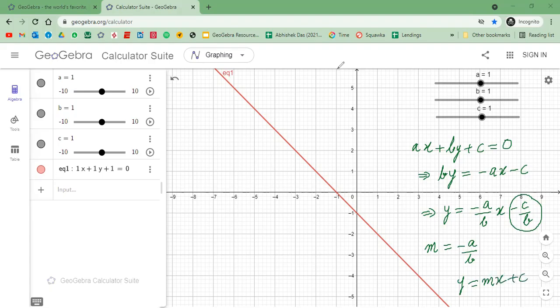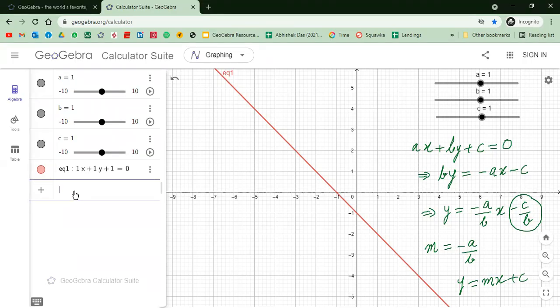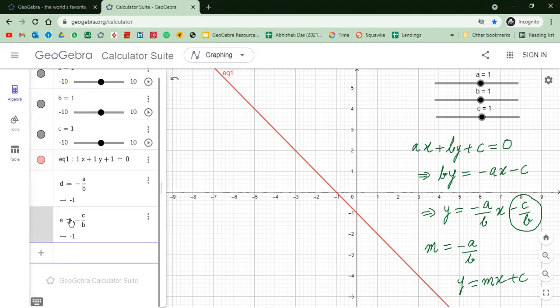Now let's figure out what is minus a upon b. Minus a upon b is negative 1 out here, and minus c upon b is also negative 1.